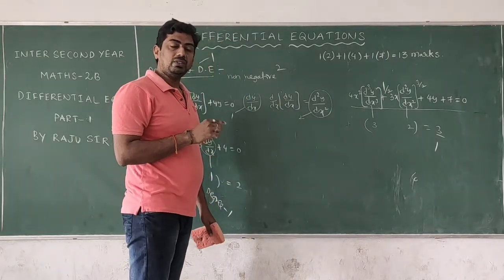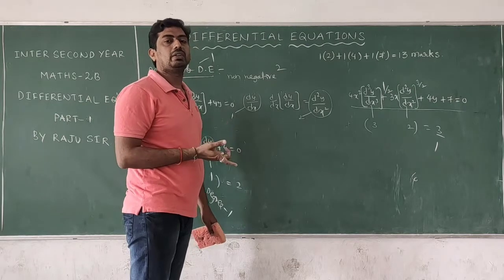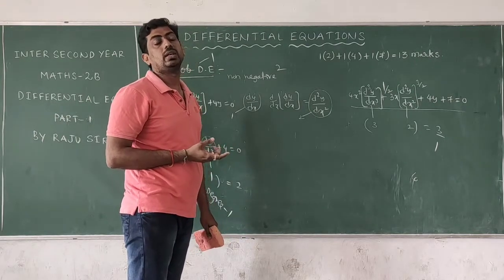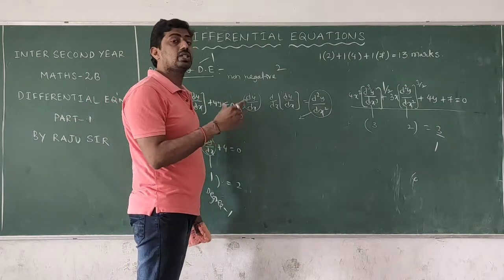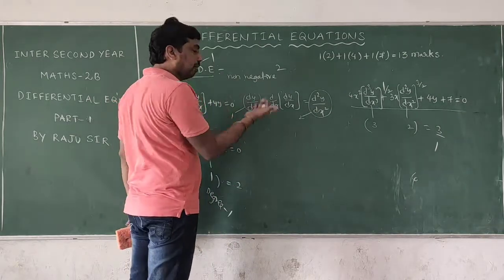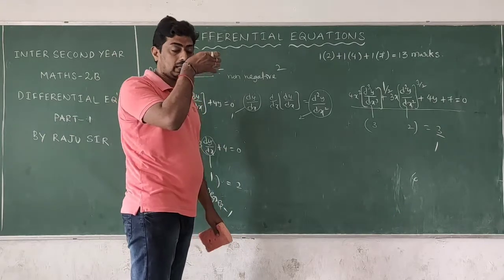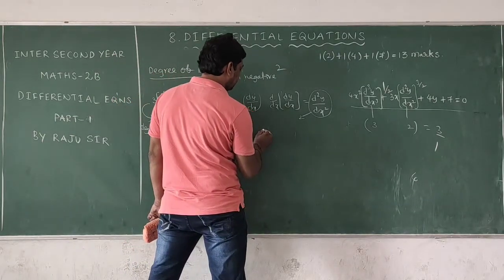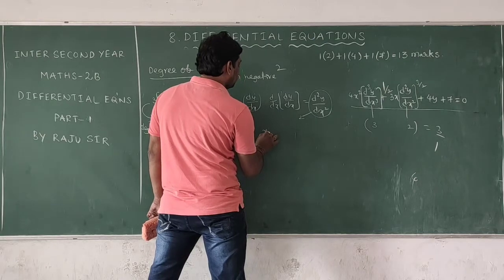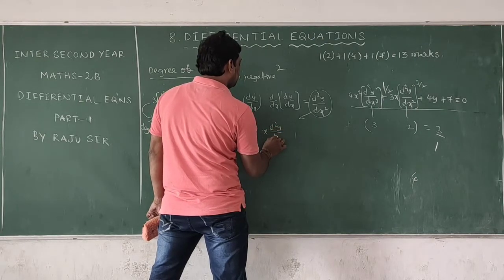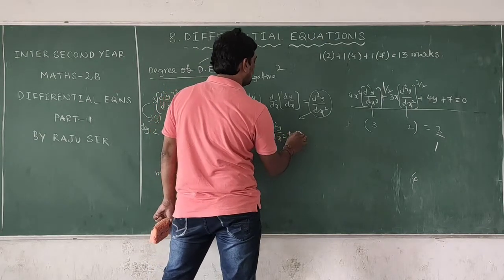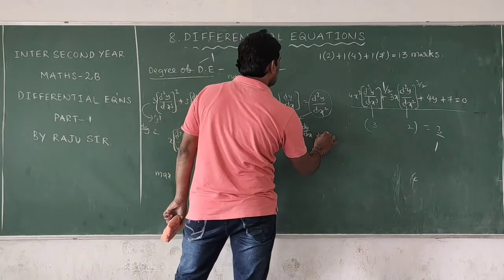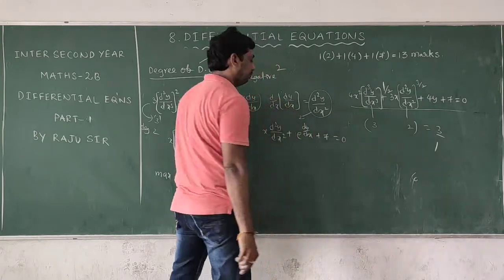Next, the last point about the degree of the differential equation: if the derivative terms of a differential equation involve trigonometric functions, logarithmic functions or exponential functions, then the degree of such differential equations is not defined. For example, x into d square y by dx square plus e power dy by dx plus 7 equal to 0.